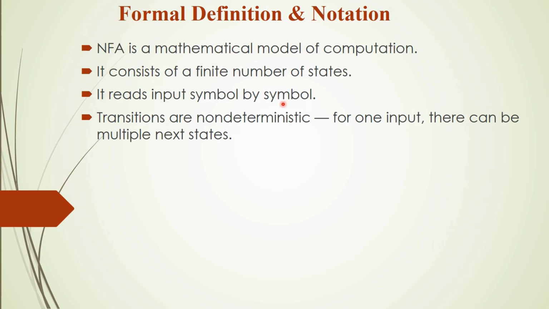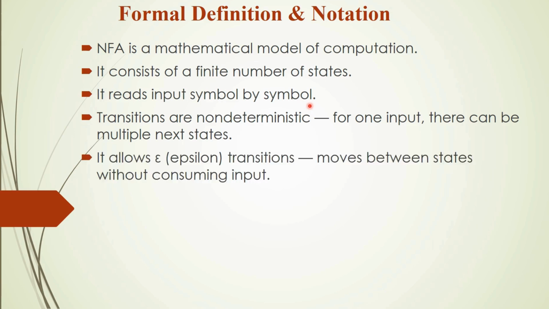In DFA, there is a single transition from one state to another state for each input symbol. But in NFA, for a single input symbol, the NFA can go to more than one next state, or sometimes not to any state at all.